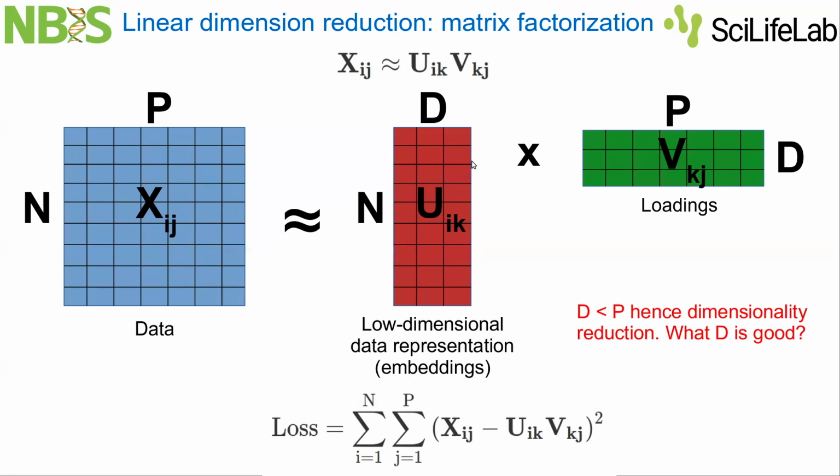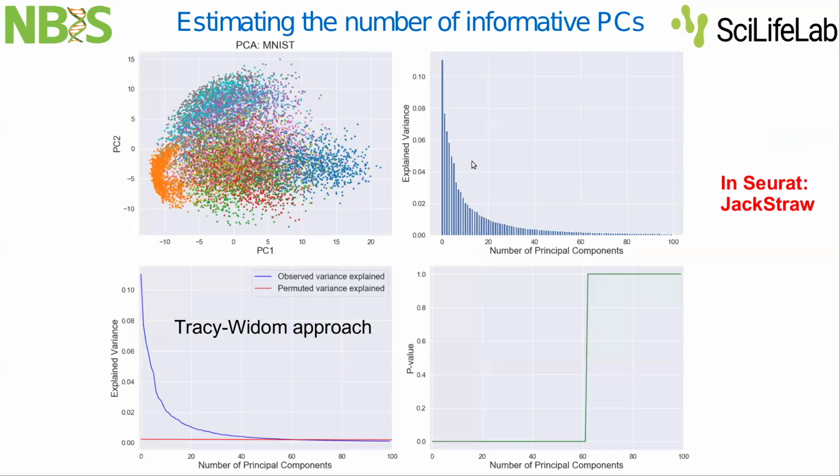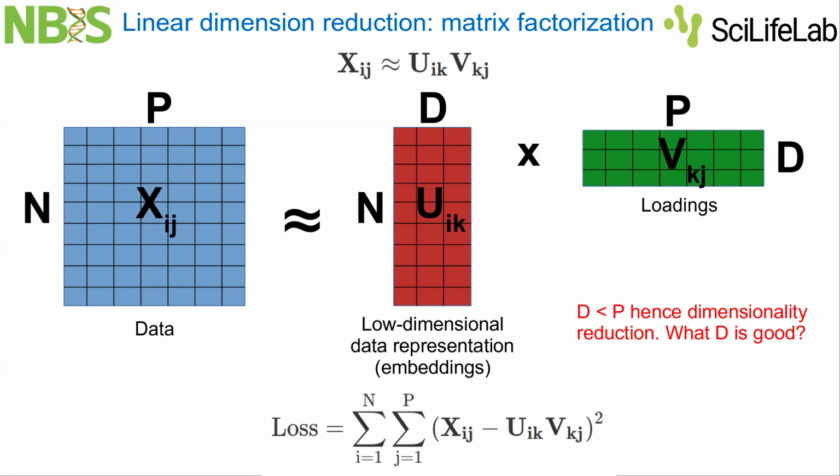And talking about linear dimensional reduction techniques, I would recommend you to use this approach, which is called the Tracy-Widom approach. It's a way to select a good number of principal components. I'm not explaining PCA in detail algorithmically, to concentrate on more important things.